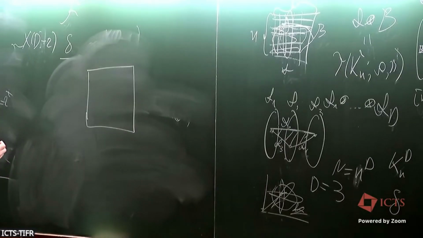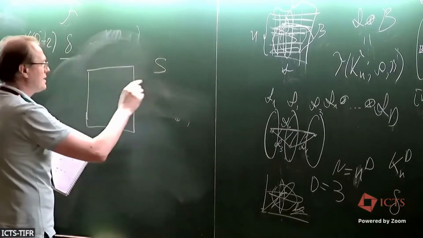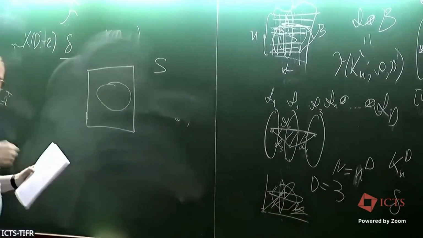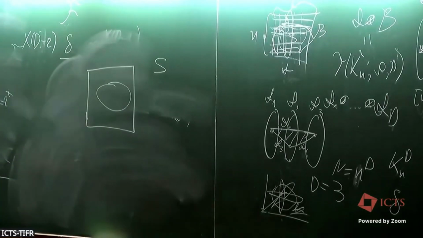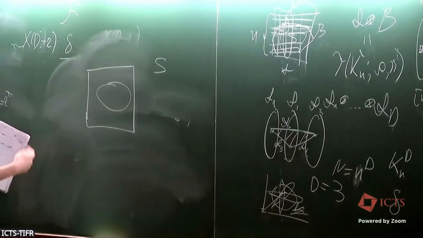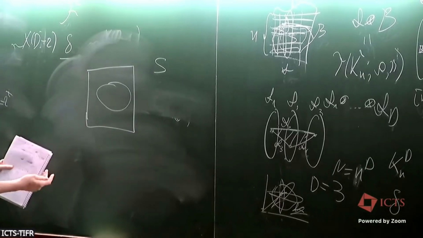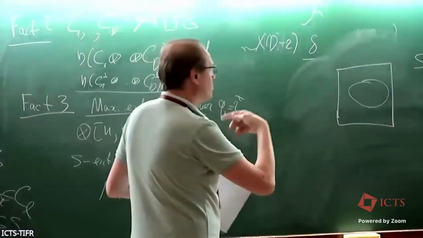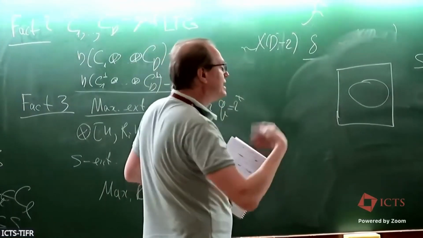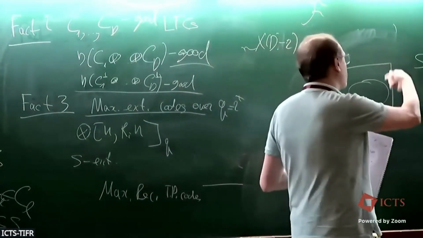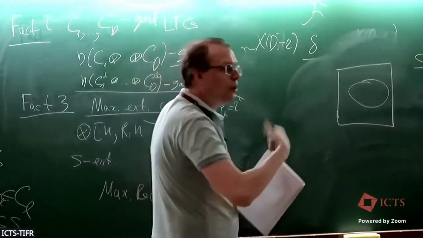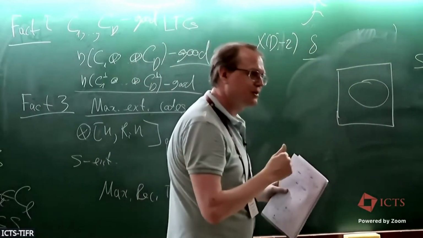So it means that for every information set S, and an information set of a code is just, I assume everyone knows, bit positions that we can fix and recover the whole codeword. And the tensor product code from this family is called maximally recoverable if whenever we have an information set in some code from this family, we also have an information set in this code.